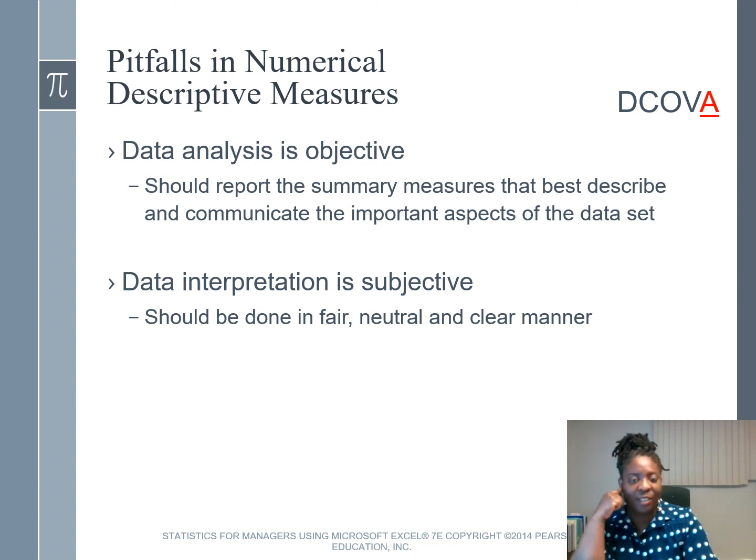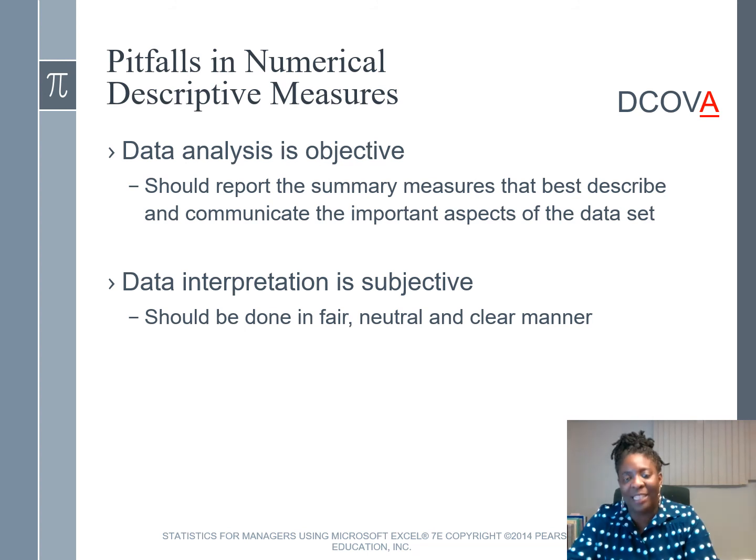Here is the come to Jesus moment. Data analysis is objective. But sometimes the interpretation of it can be subjective. So when you come to interpreting data, you should do it in a fair, neutral, and clear manner. Don't mess with the data until it does what you want. For example, just arbitrarily going into your data and deleting all the outliers that you don't want might give you the answer that you want, but it's not representative of the population.